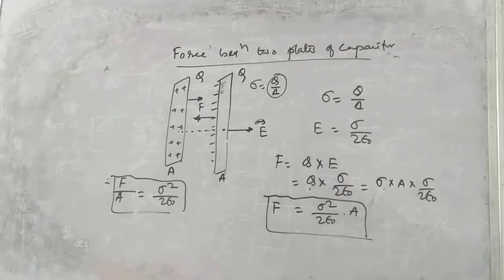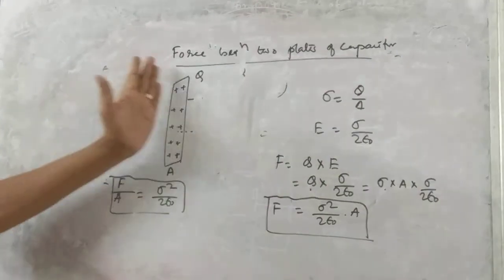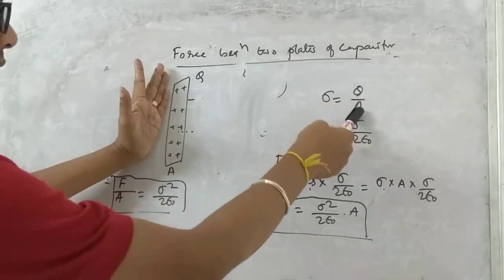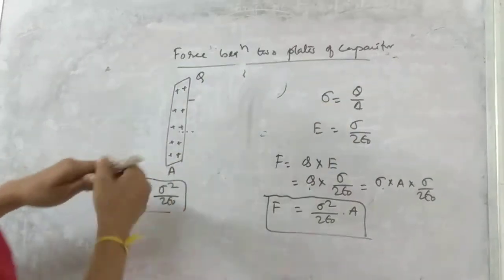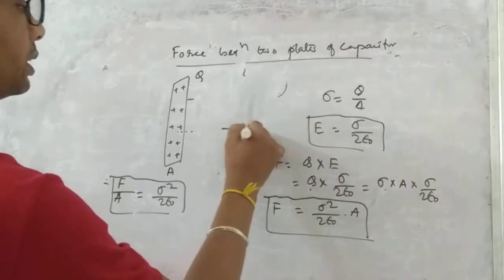I think you understand. First, this is a sheet of charge. One face is charged, therefore this is a sheet. Charge per unit area is Q by A. Therefore, for the sheet, the electric field at this point is sigma by 2 epsilon naught, and it is in this direction.